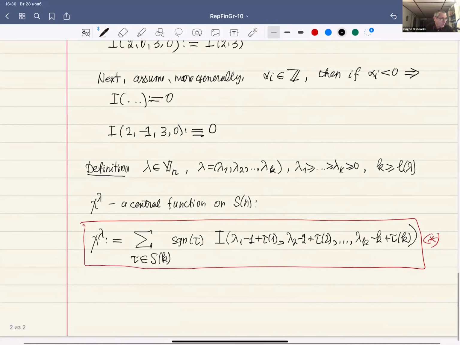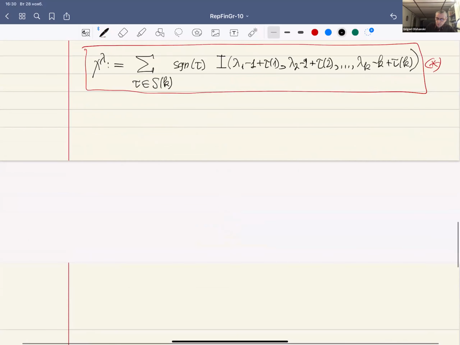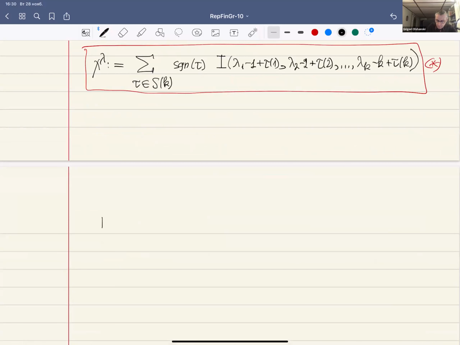Now I want to state the theorem, which is due to Frobenius. The result is as follows.